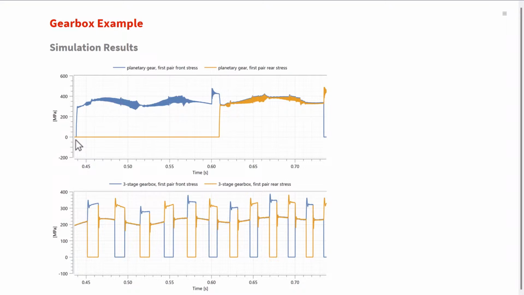At this point we notice that there is no contact in either the front pair or the rear pair, which might be caused by backlash. You also see we have so many vibrations, so many dynamics to capture here. It is also well known that these vibrations can lead to gear failure, marking it as an area of concern.